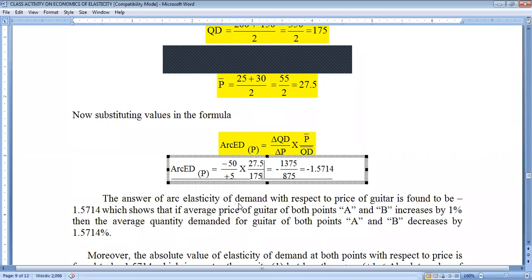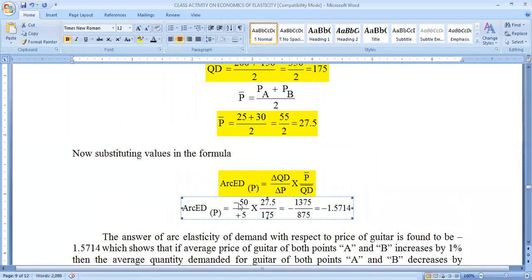So multiplying 50 with 27.5, the answer is 1375, and multiplying 5 with 175, we obtain 875 as an answer. So dividing 1375 upon 875, we obtain answer 1.5714, and the answer is in negative, right?